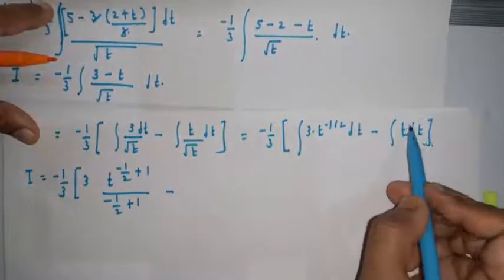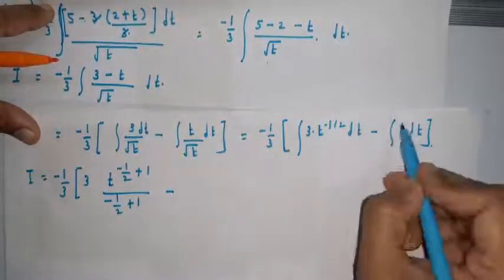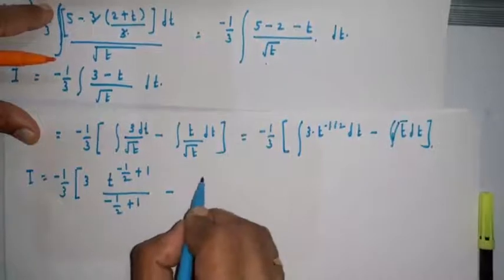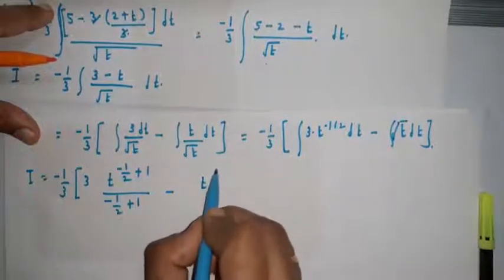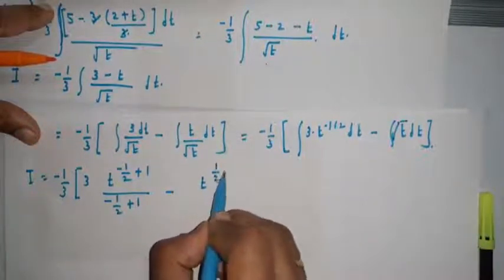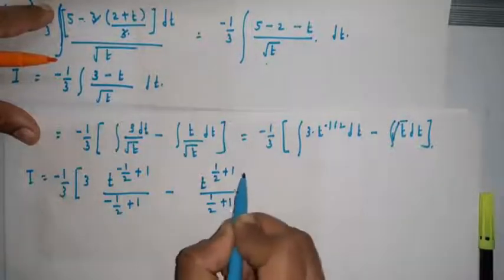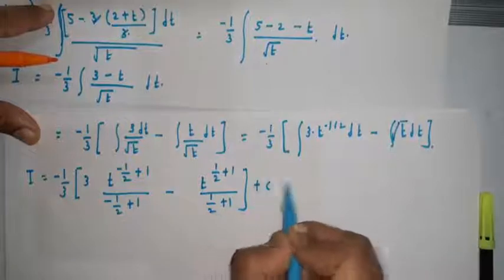t upon square root of t, and that is square root of t, that is t raised to half, and this is t raised to 3 by 2, that is t raised to half plus 1 upon half plus 1, plus constant of integration c.